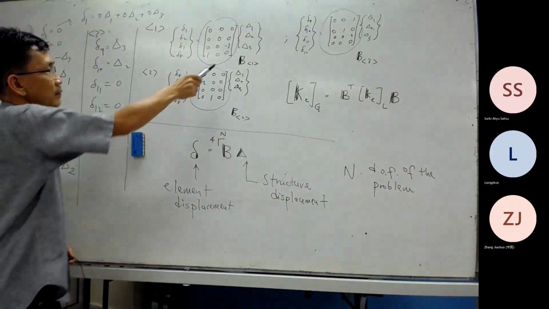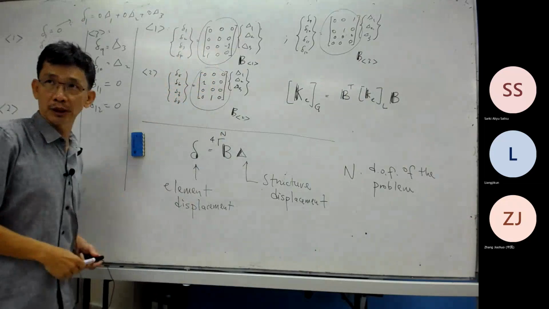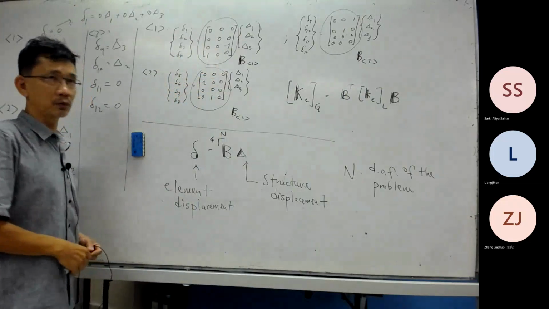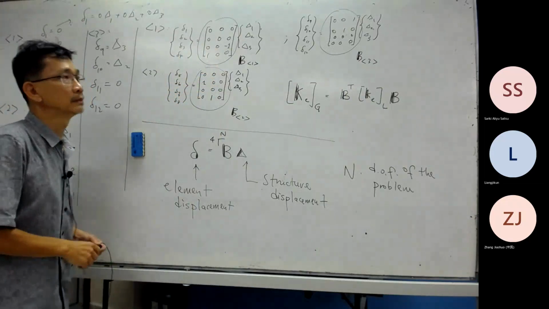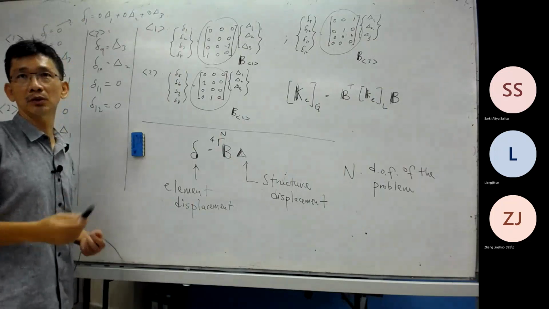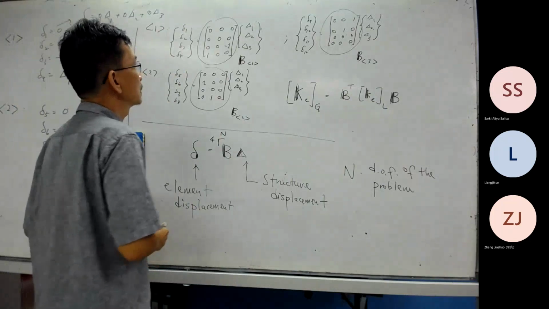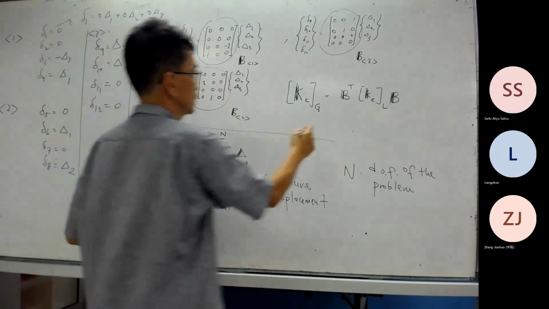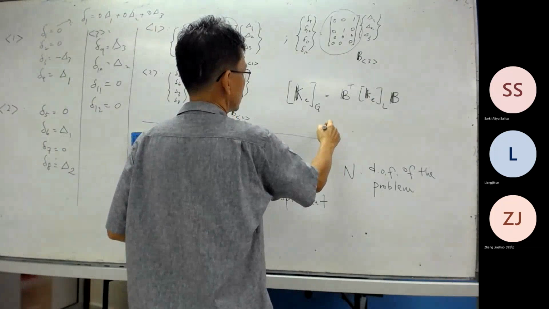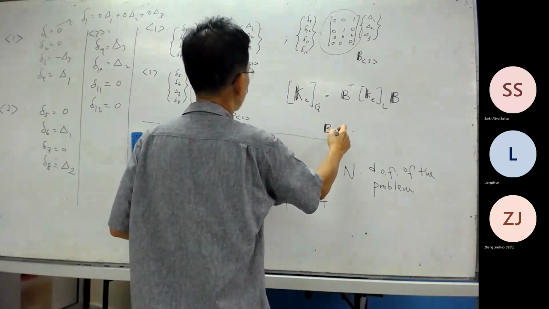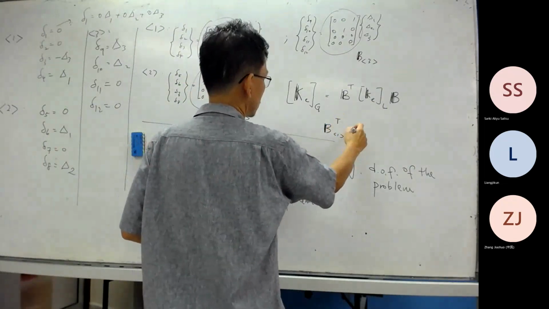So once you have this, you have to transpose it. Transpose is row change with column, column change with row. So an example of this transpose will be B1 transpose.